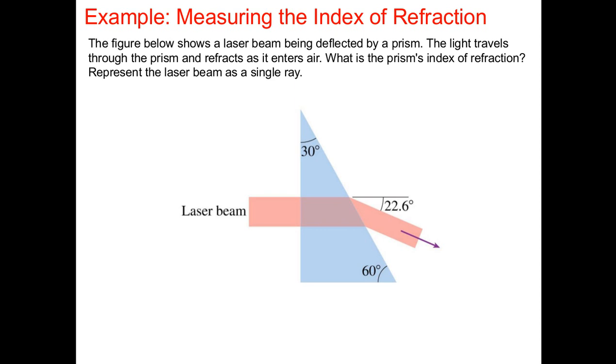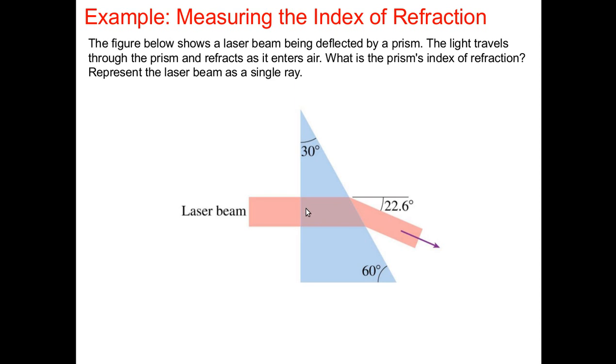Sine of 0 is 0. That means regardless of the indices of refraction, there's going to be no refracted angle. The left side of Snell's law is equal to 0, and the only way to make that a true statement is for the refracted angle to be 0.